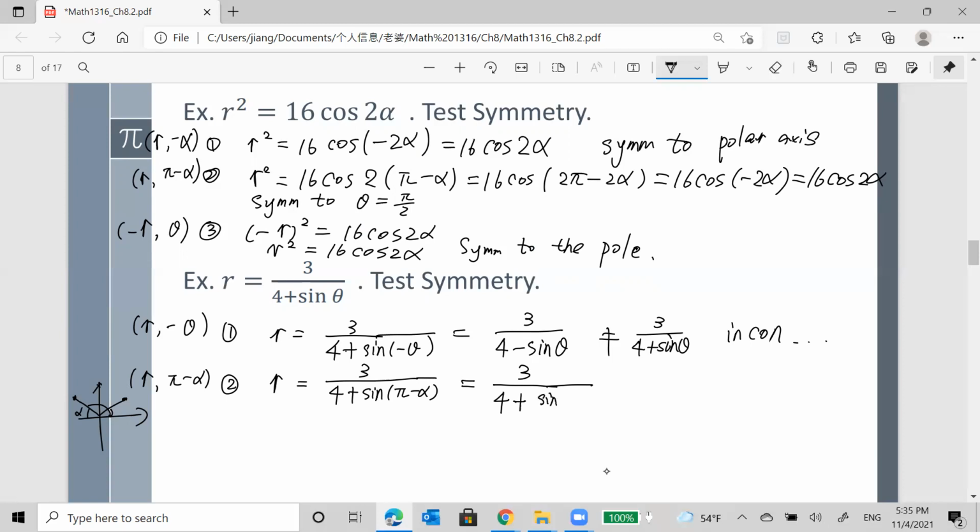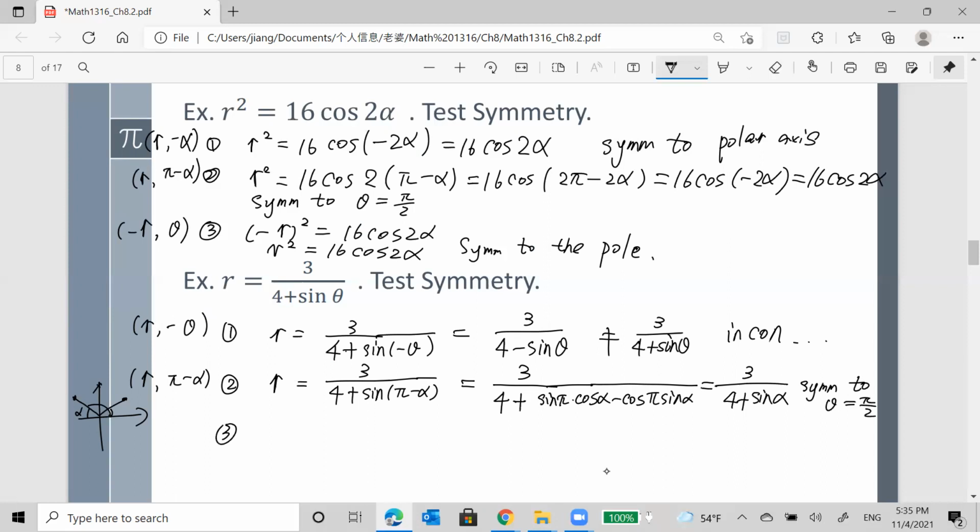Sine pi cosine alpha minus cosine pi sine alpha. So sine pi is 0, so this term is 0. Minus cosine pi is negative 1, so that means plus sine alpha. So this one equals this one. So it's symmetric to theta equals pi/2.